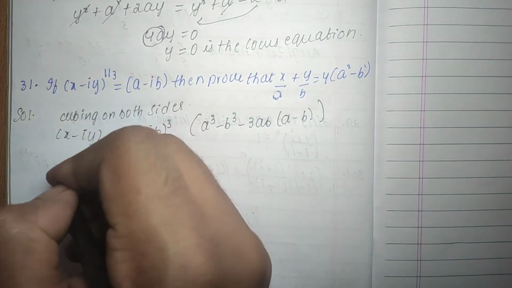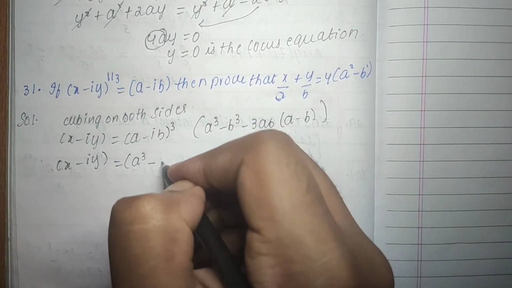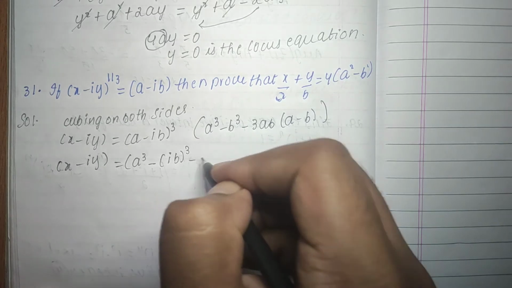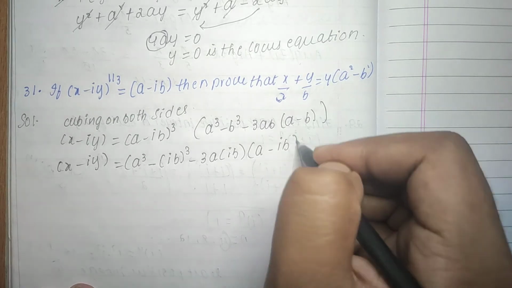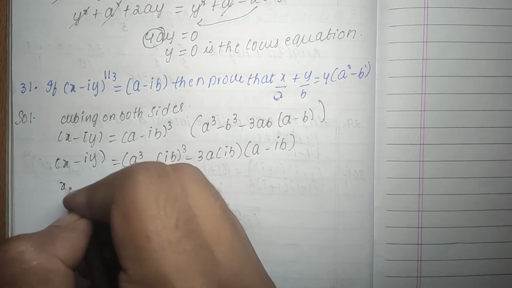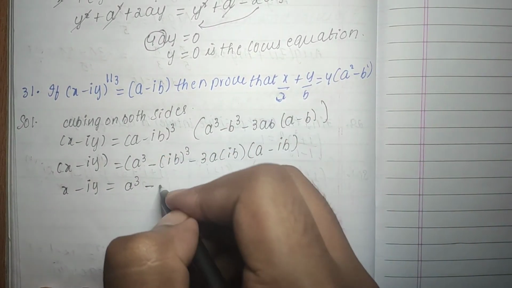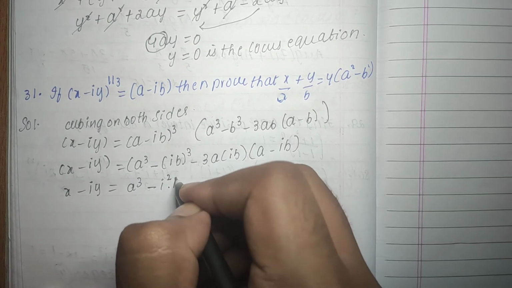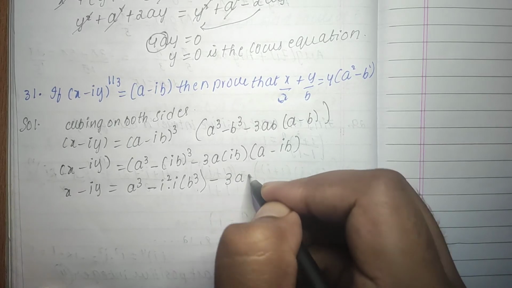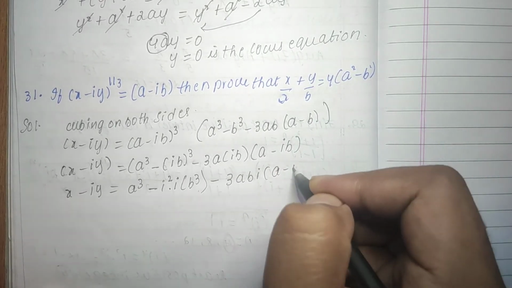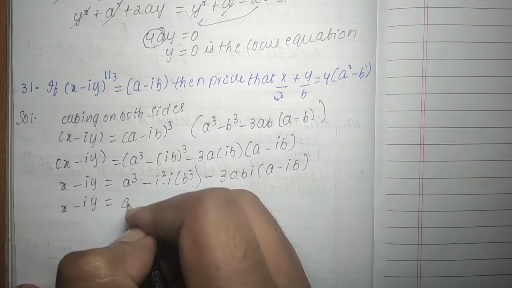So substitute in this formula: a cube minus (ib) cube minus 3a(ib) into (a minus ib). x minus iy is equal to a cube minus, this i cube can be written as i square into i, into b cube, minus 3abi into (a minus ib). x minus iy is equal to a cube.